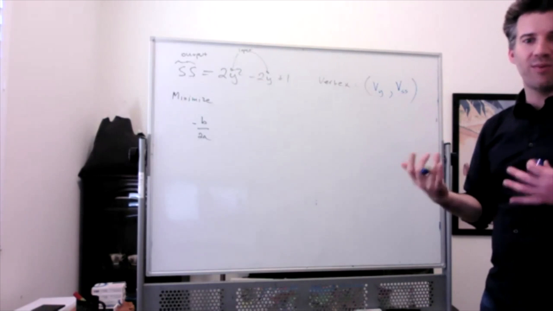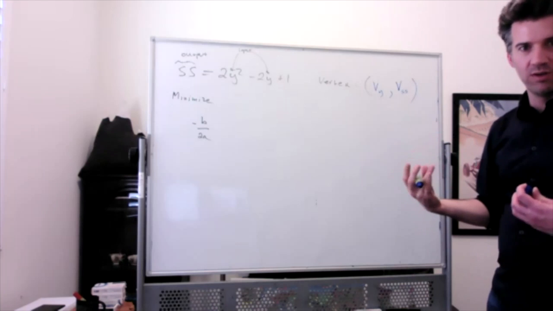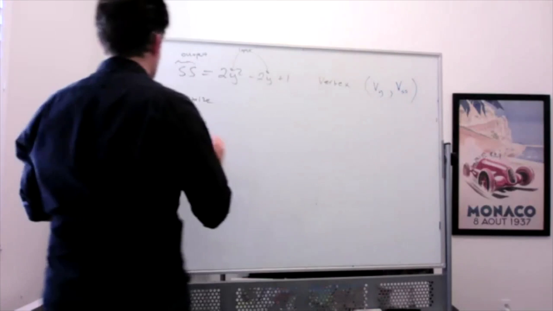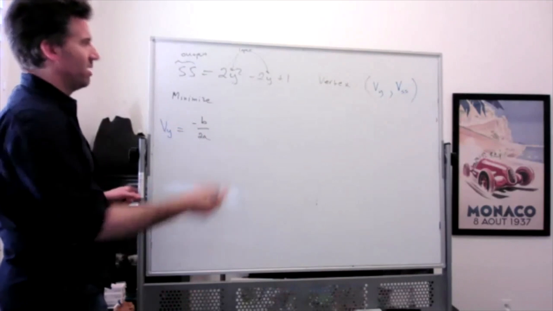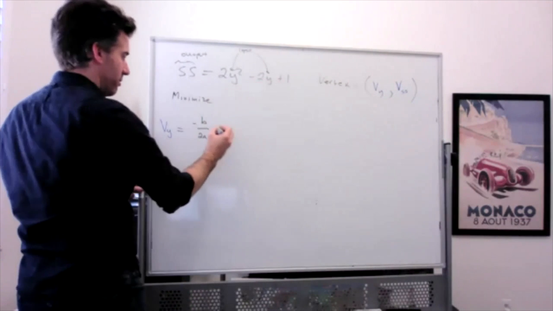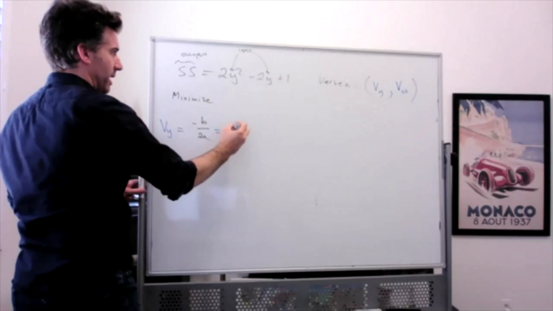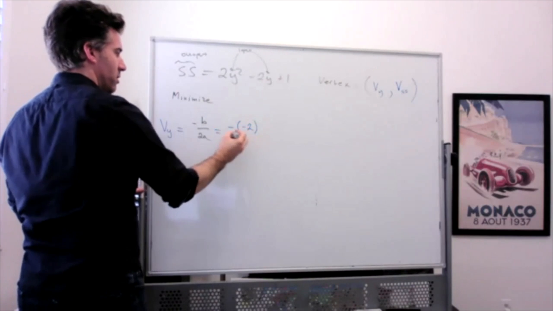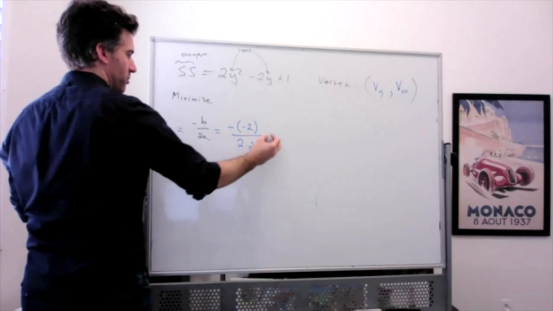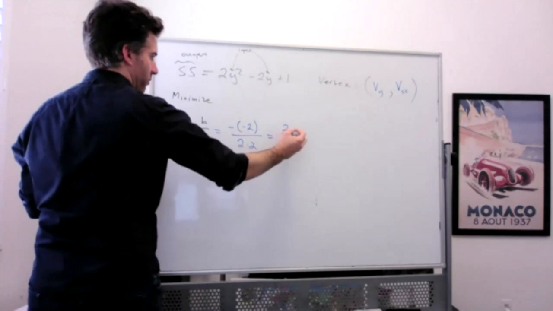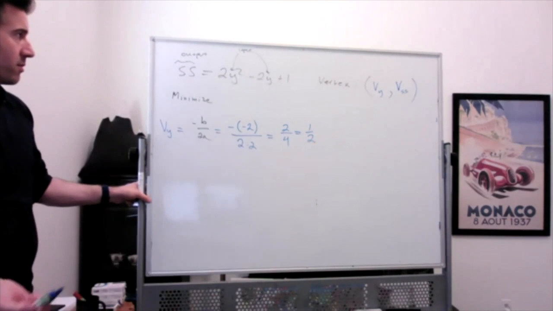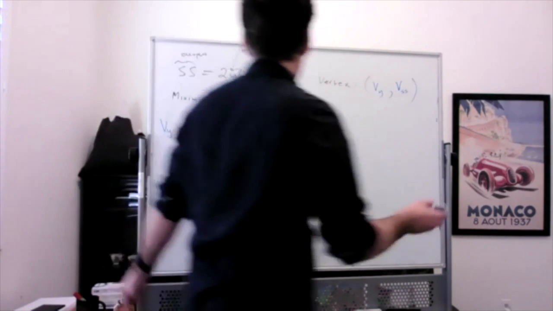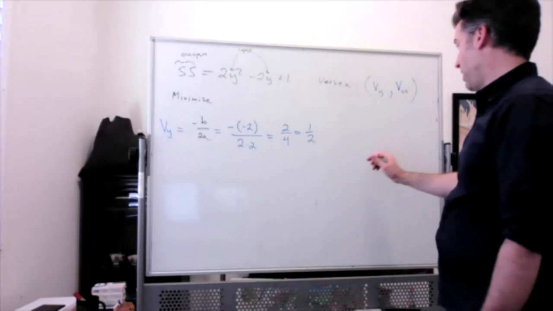Right, so don't let the x's and y's confuse you, but here we're thinking that Vy is negative b over 2a, because right, our function's in terms of y. So that's going to be negative negative 2 over 2 times 2, which is 2 over 4, which is 1/2. So the y coordinate's 1/2.